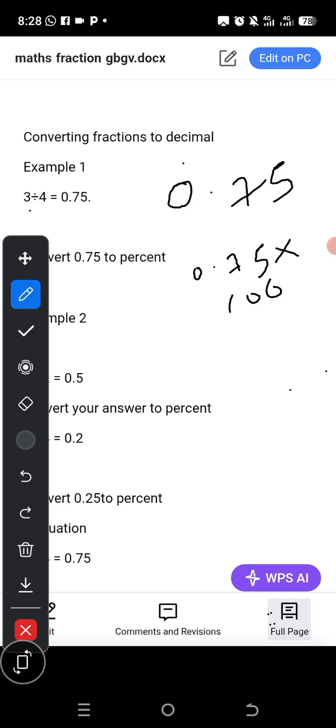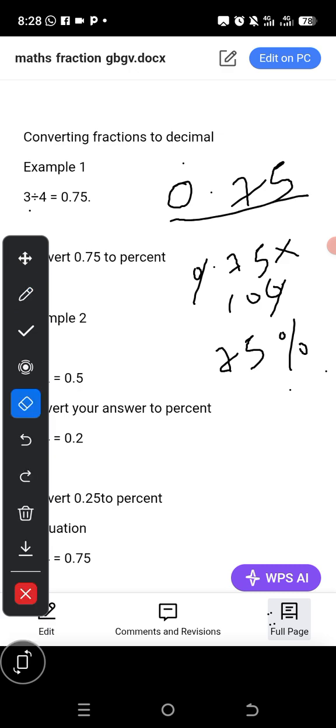When you multiply 0.75 by 100, you have your 75%. So 0.75 will give us 75% in percentage.